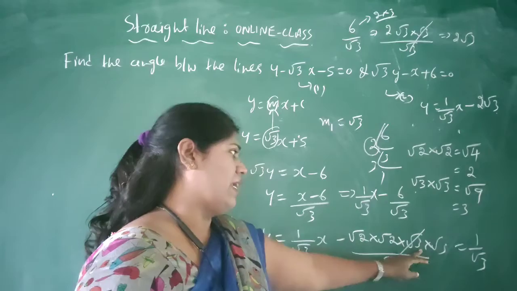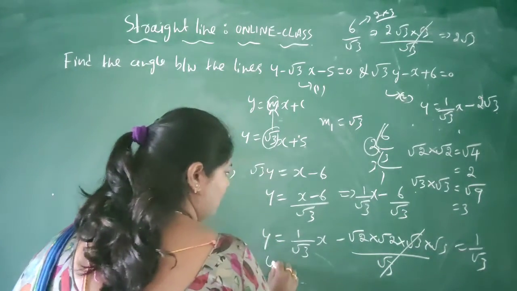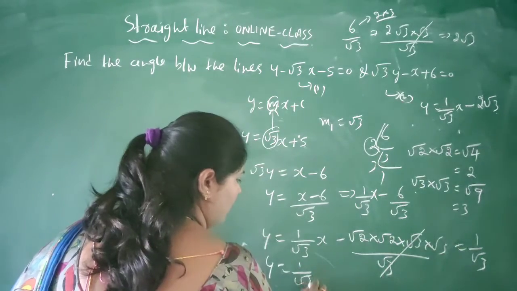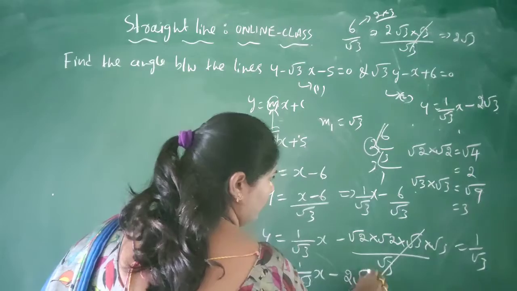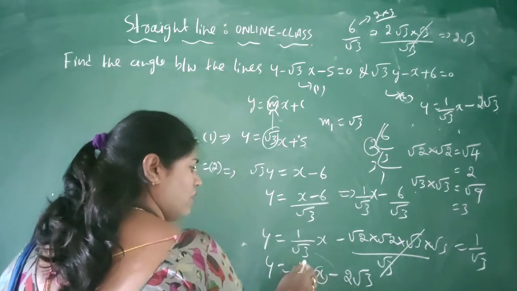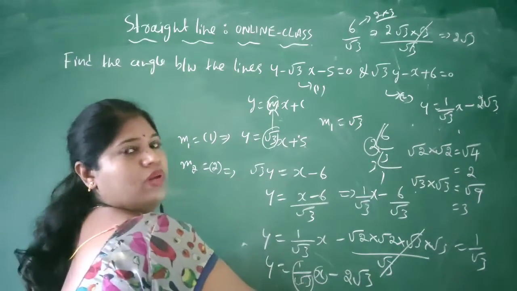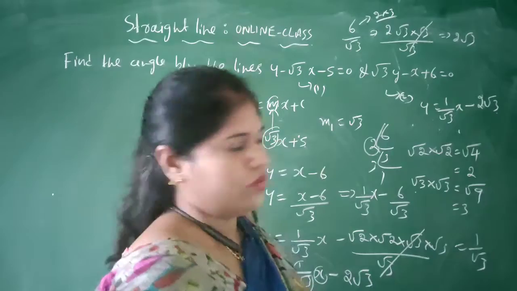So y is equals to 1 by root 3 x minus 2 root 3. The coefficient of x is 1 by root 3. So therefore m2 is 1 by root 3.